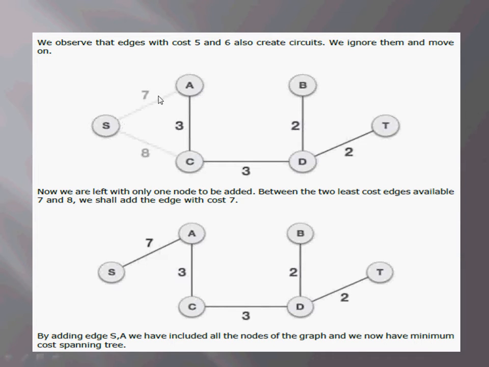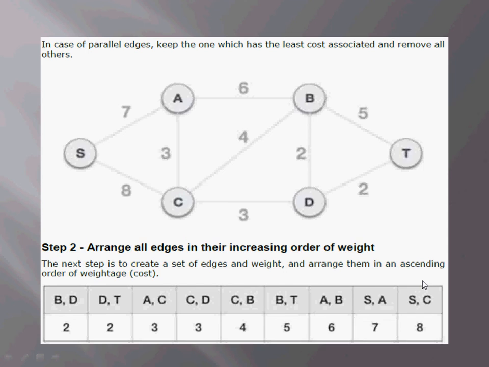So consider S and A cost, S and C is very high, so we use 7, discarding the 8. So 7, 8, 3, 2, 5. So in the first example, the minimum S to A is 7, so A to C is 3, so discard 8. In the cost we are able to maintain 3 and 2, we can use 5 rather than 4 and 6.